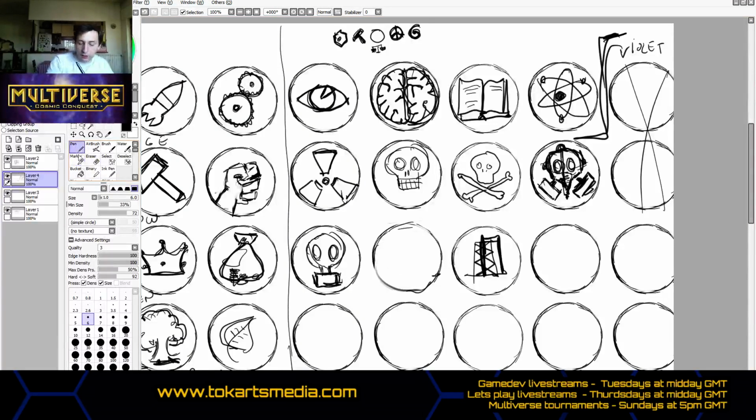The final color, which isn't even a color, let's get rid of this as well. The final color is colorless, so let's put colorless here. So in Magic, they have this symbol, which we obviously cannot use.